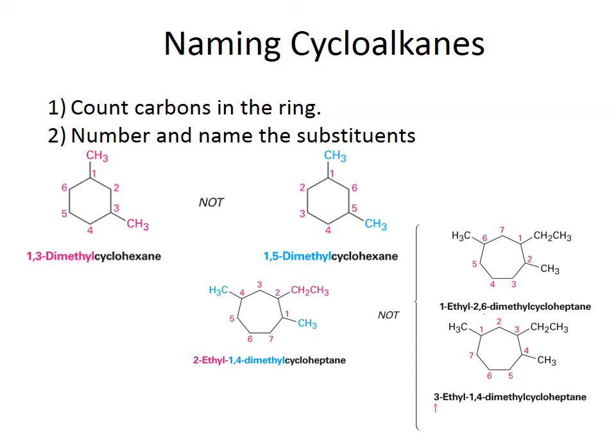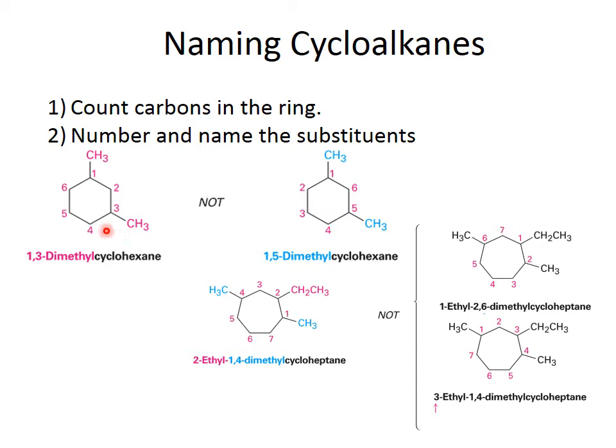If we go to name the cycloalkanes, what we do is we count the carbons in the ring and we name them cyclo, and then however many carbons are in the ring gives us our prefix and then ane. So if I look at this, it is a cycloalkane, but notice there's substituents on it, so we have to name and number them.